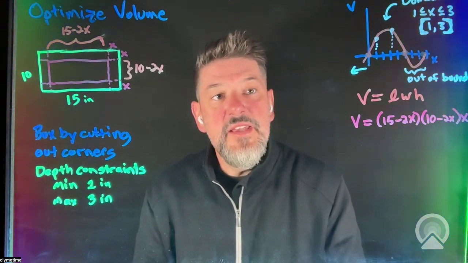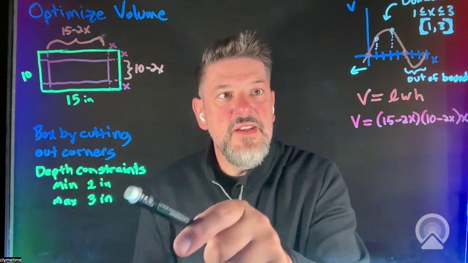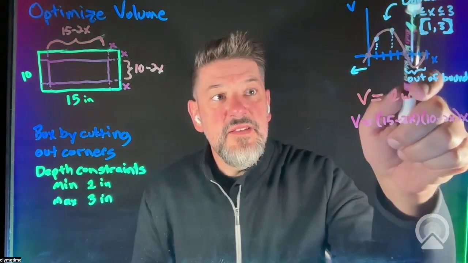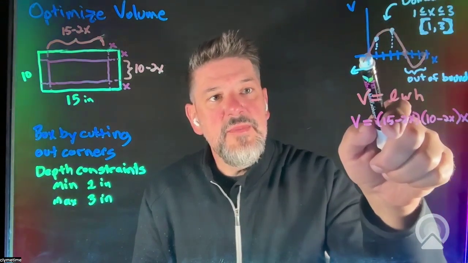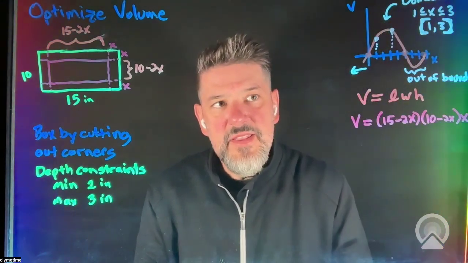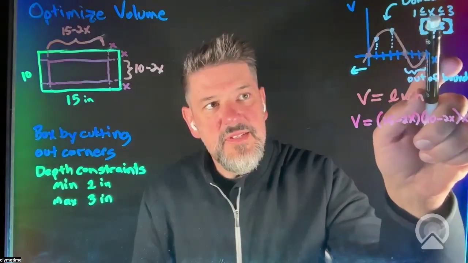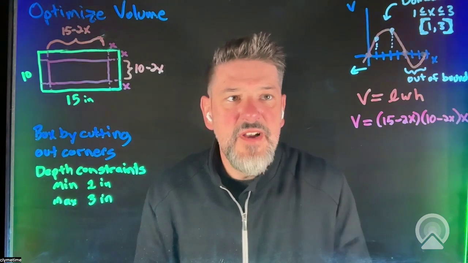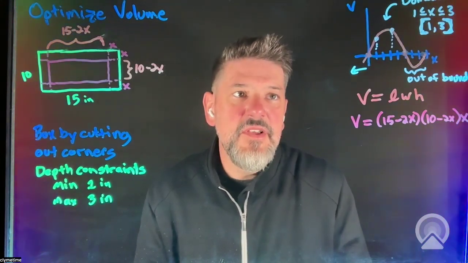All right, so if they didn't give us these constraints here, we would have to say that there is a natural domain. The natural domain would be between 0 and 5. But in that case, we'd use parentheses because 0 doesn't make sense. You don't actually have volume at 0. 5 doesn't make sense. You don't actually have volume at 5.